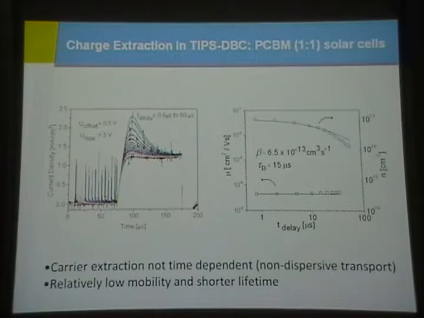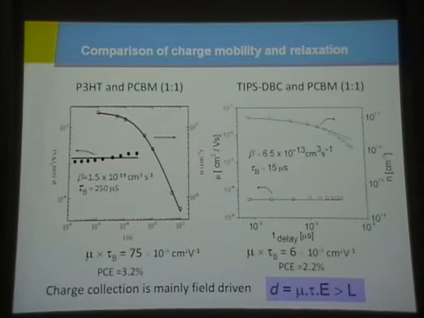So we have seen much reduced bulk mobility, that is electron and hole mobility, and at the same time much reduced bimolecular recombination. Now I will bring in the work of Almantas from when he was a graduate student.